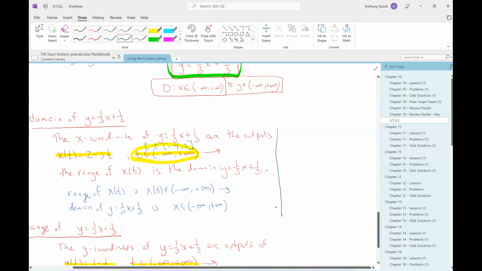So we have our same function x of t, still a linear function, right? Specifically, what can I say about the linear function x of t? Its slope is -3. The y-intercept is 2.